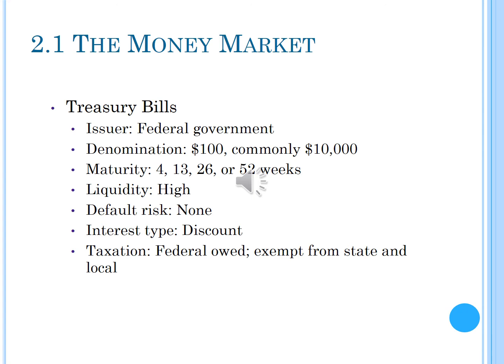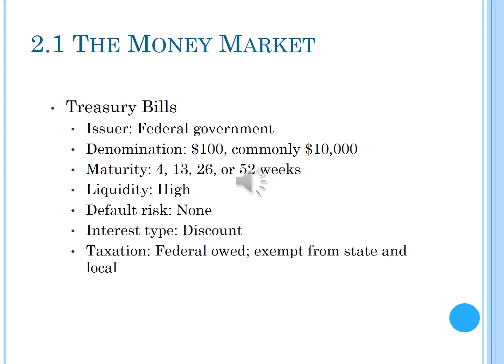The T-bills are usually issued with an initial maturity of 52 weeks, so basically a year. Individuals can purchase T-bills directly from the Treasury or on the secondary market from a government securities dealer. Okay, so they can either buy these directly from the Treasury or in T-bill exchanges.